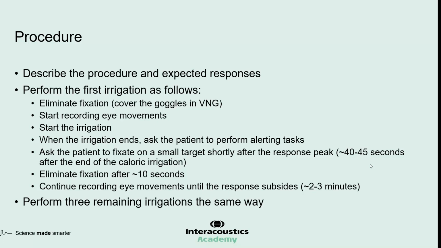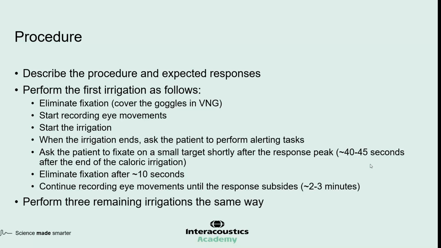As soon as the irrigation is done, you should engage the patient with some alerting tasks so they're awake and alert throughout the rest of the test. After the response reaches the peak and then starts subsiding, which usually occurs about 40 to 45 seconds after the end of the caloric irrigation, you should ask the patient to fixate.